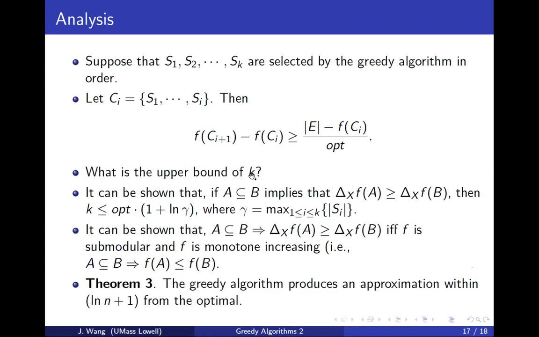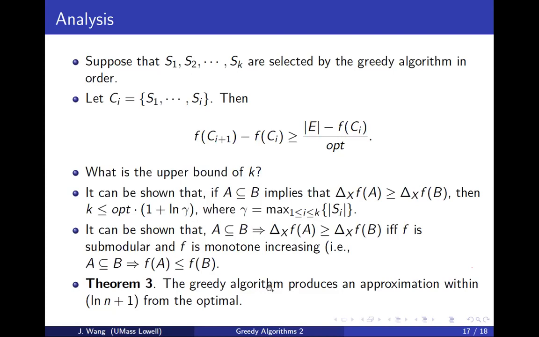So then what we want to know is what is the upper bound of k? Okay, so we can show that this upper bound of k is less than or equal to the optimal solution times 1 plus log of gamma. Gamma is the maximum size of this Si. Hence, of course, it could be at most n.